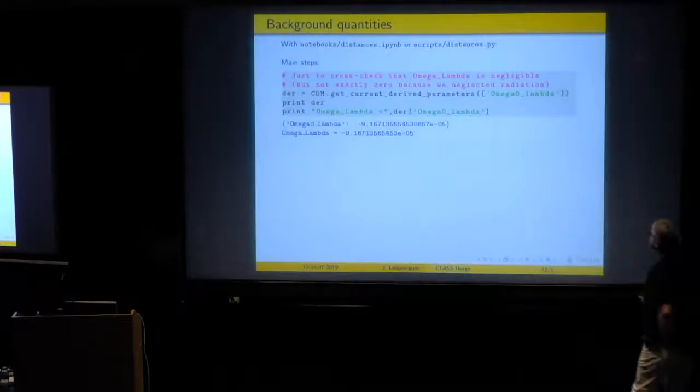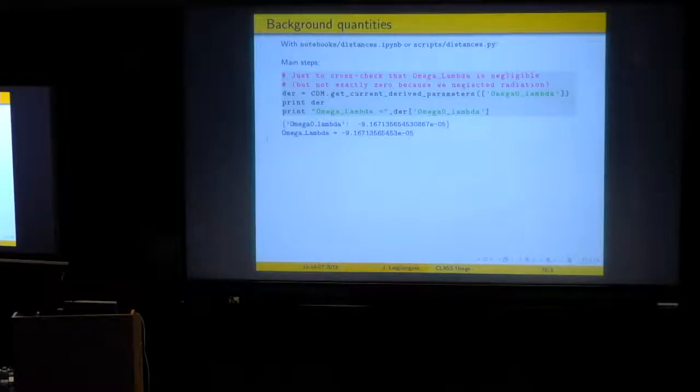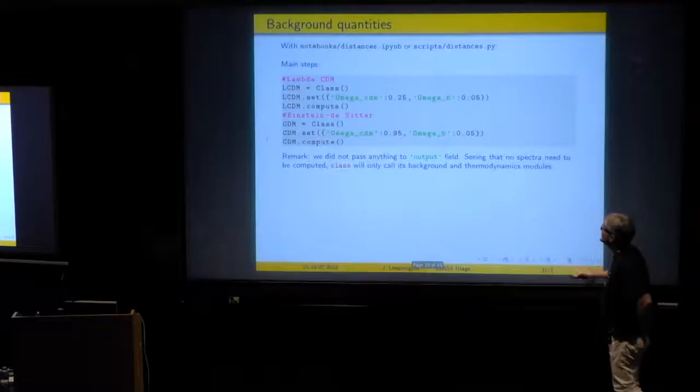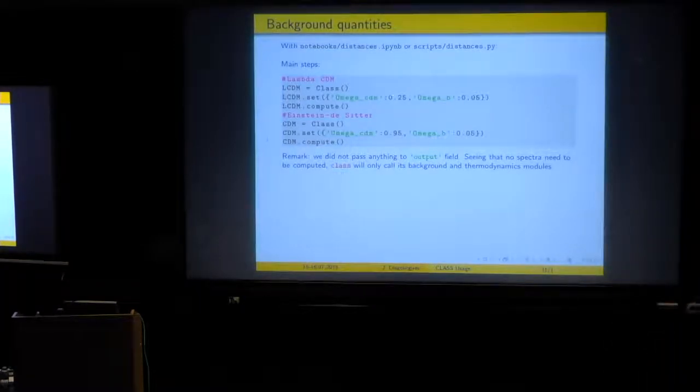Now, this is what you get in the script. This is first a cross-check that I've added because I think it's interesting, but it was not necessary in order to plot the Dodelson result. We want to check that omega lambda was set correctly. If I go to the previous example, in this case, we said omega lambda will be adjusted automatically to 0.7.